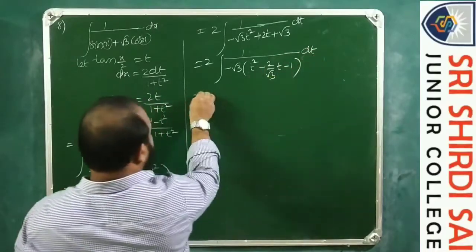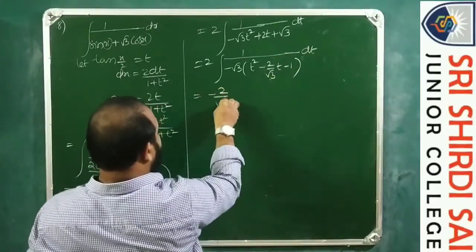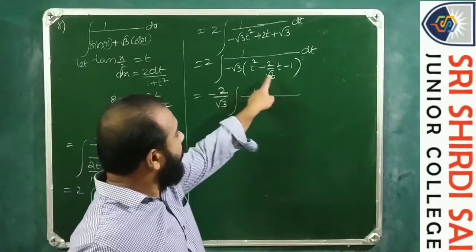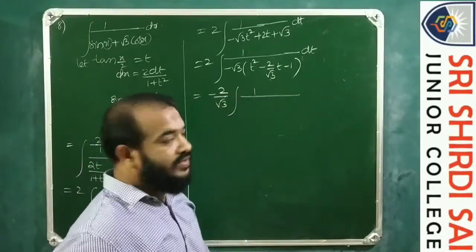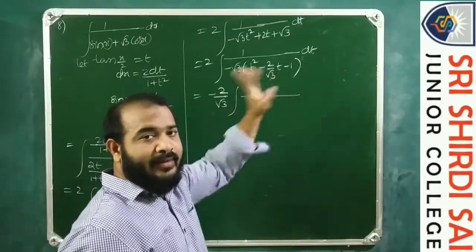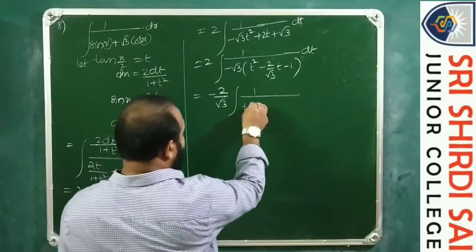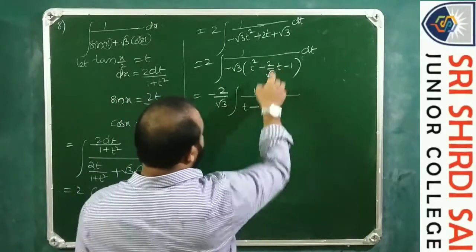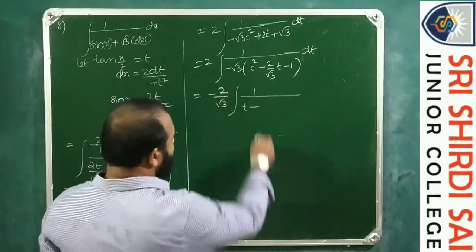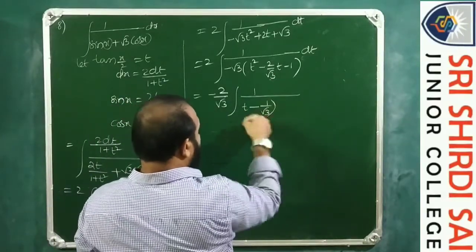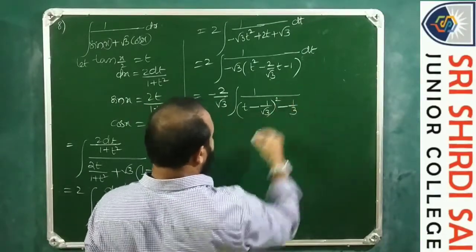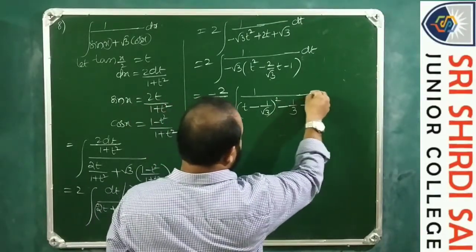This is equals to minus 2 by root 3 1 by, now this is t square minus 2 by root 3 t minus 1. So let us try to convert into a minus b whole square. So t square is t minus, t quotient is 2 by root 3, it's half, into 1 by 2. 2 gets cancelled, so 1 by root 3 whole square minus 1 by root 3 whole square is 1 by 3 minus 1 dt.